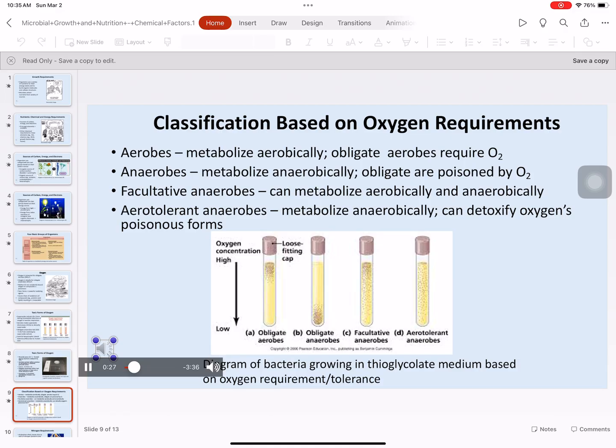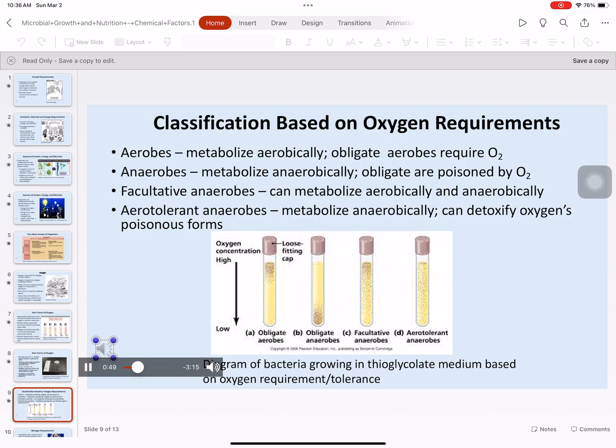So we can have aerobes. These organisms metabolize aerobically. We can have obligate aerobes that absolutely require oxygen. We, humans, are obligate aerobes.